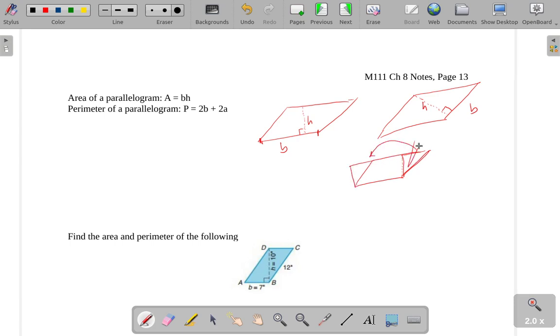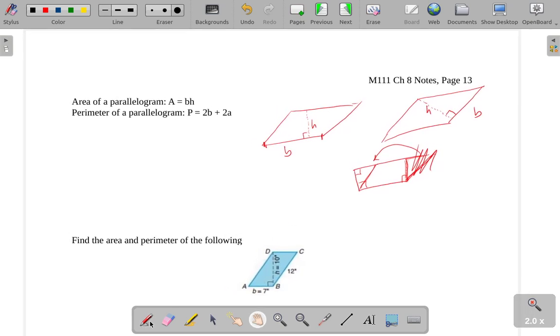Well, if I was to do that, this part would be gone, and this would match up perfectly, because this side was parallel to that. And if I'm cutting this at a perpendicular, then this angle that I form would end up being a 90-degree angle. You'd actually form a rectangle by doing this. And you'll notice that cutting that off at a perpendicular, that's where I get this measure of the height from. So in any case, that's where this base times height formula comes from.